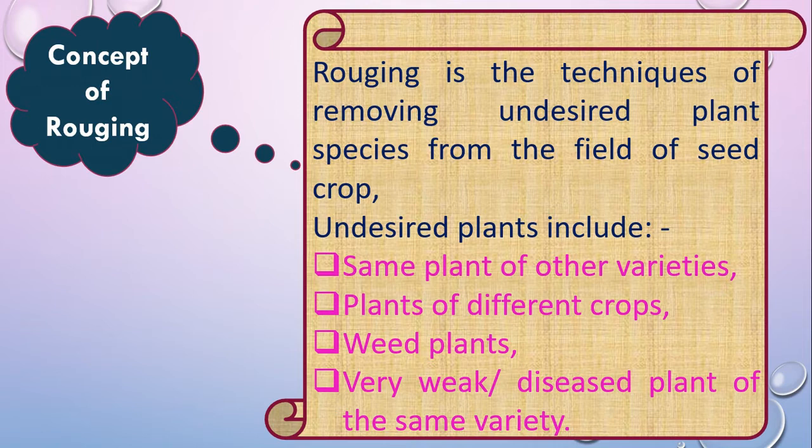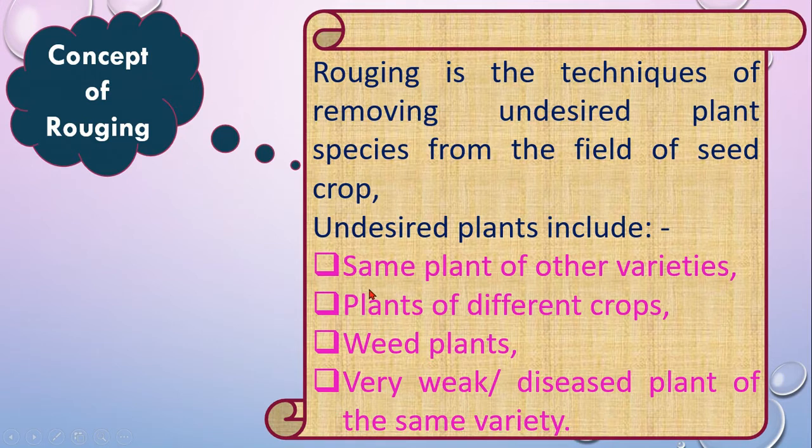That is called rouging. Even in normal rice, if there is any aromatic rice plant present in the rice field, we have to remove that one from the seed crop field as well. That is called rouging.